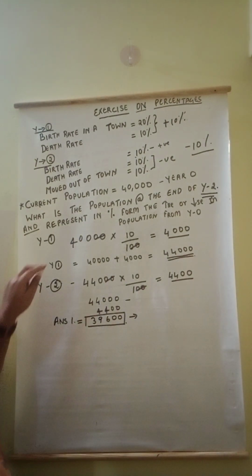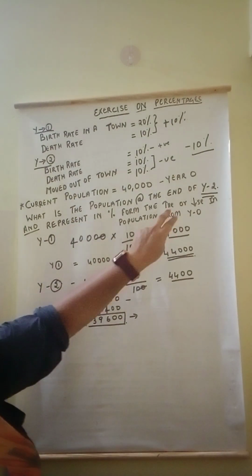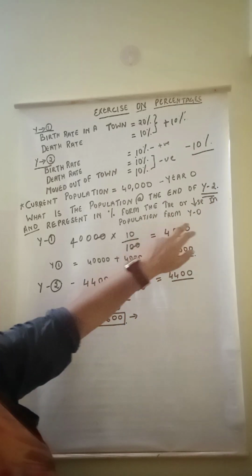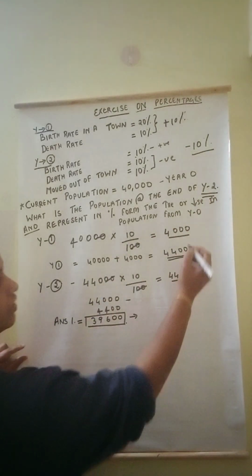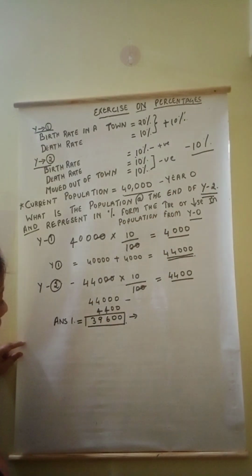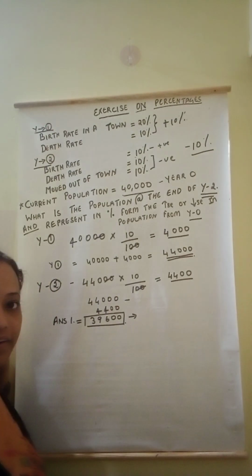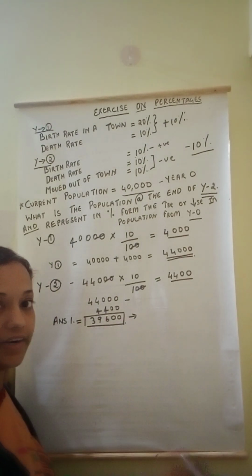Now there is another part to this question. Represent in percentage form the increase or decrease in the population from year 0. So what was year 0? In year 0, the population of this town was 40,000. In year 2, the population has come down to 39,600. That means the population has dipped.